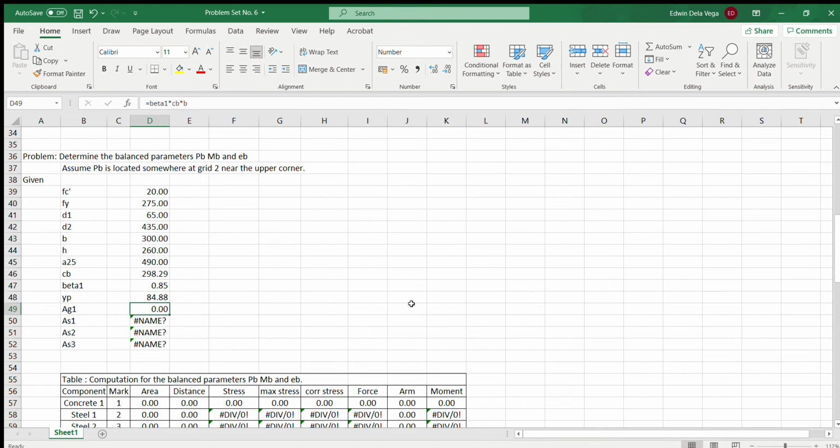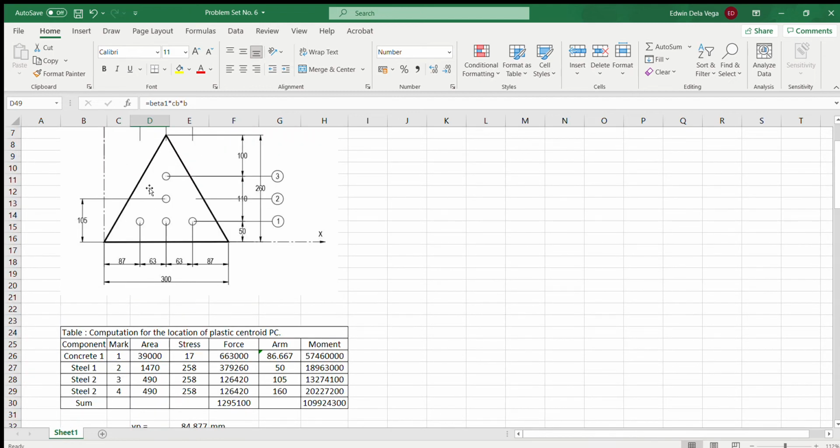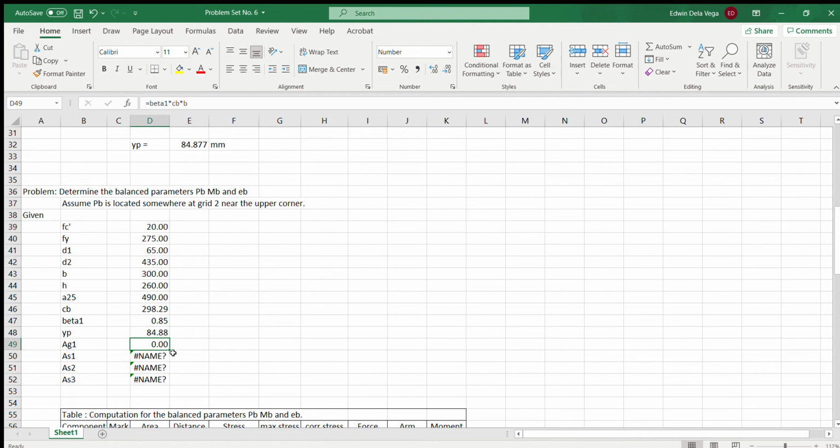Okay, for AG, the area of the gross is only the area of the compressive block defined by the plastic centroid location. Okay, so this is now simply a measure of your depth of stress block.